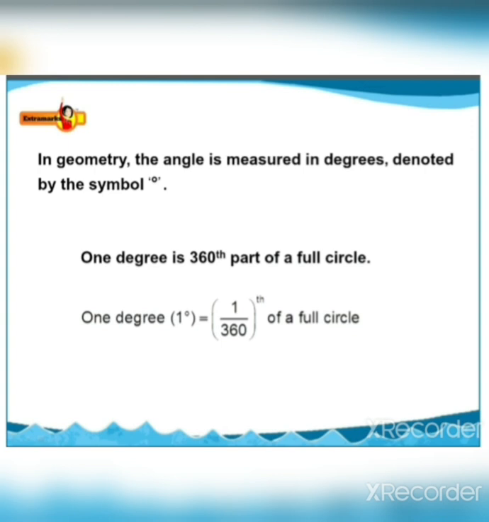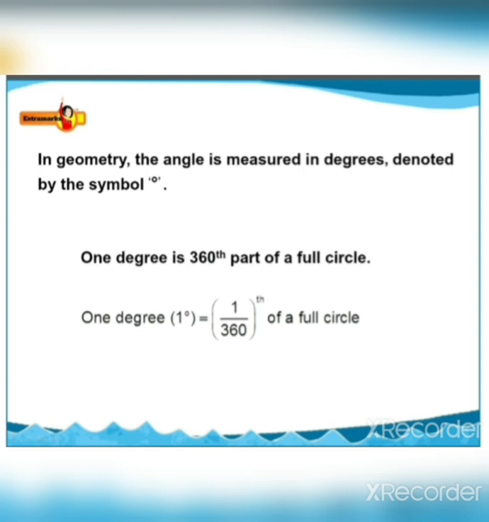You are not supposed to draw any figure and write any type of steps of constructions. Just draw the figures and name them accordingly, which type of angle it is, as we are going to discuss about the construction of angles.